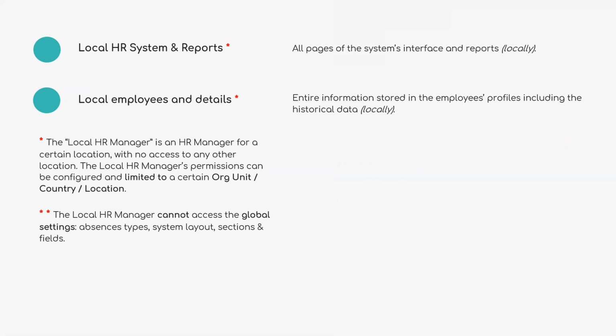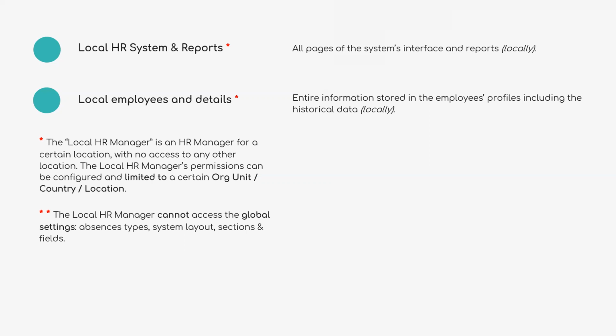The local HR manager can only see his or her location, but not the other locations of the organization. So the local HR sees the local instance of the system and reports, and can see the local employees and their details. The local HR manager cannot access the global settings of the system.